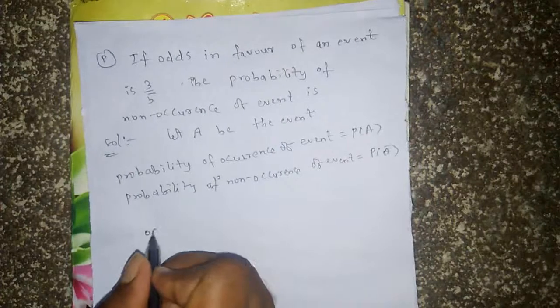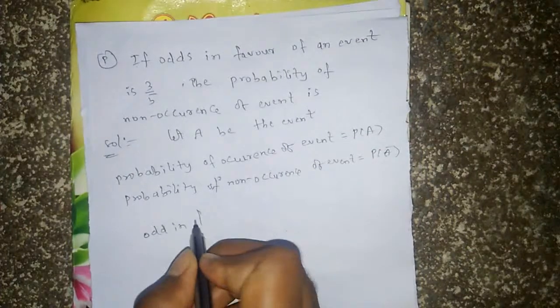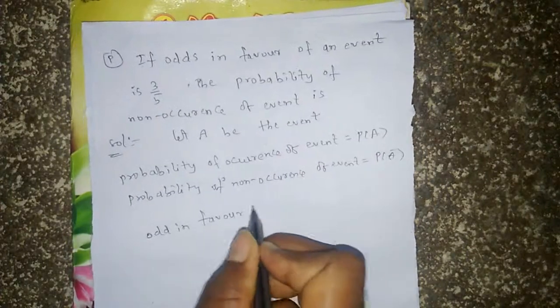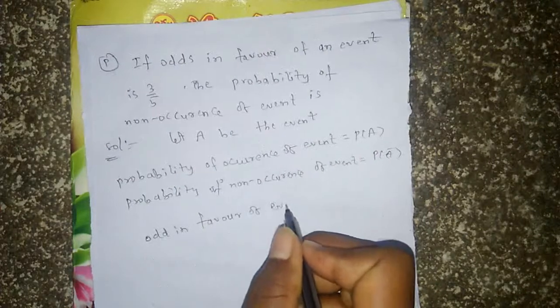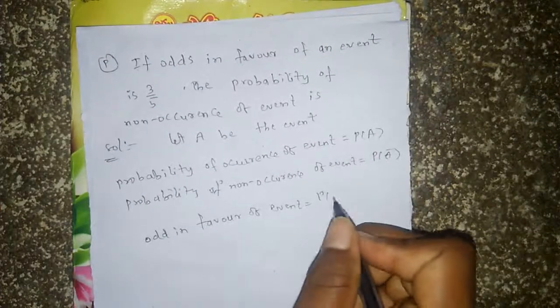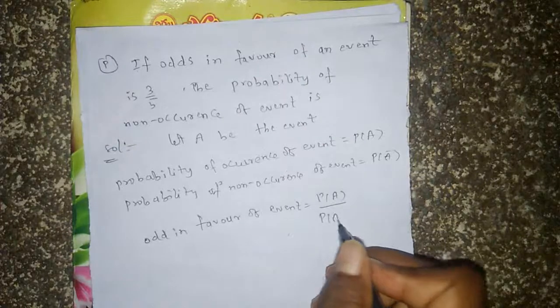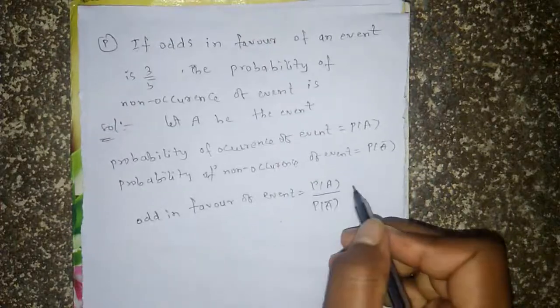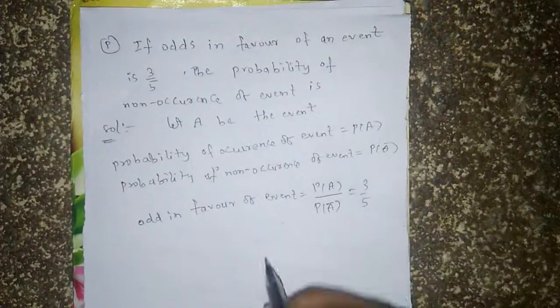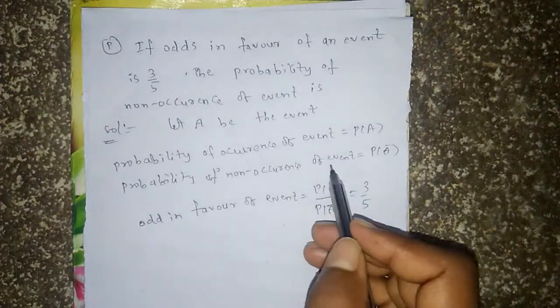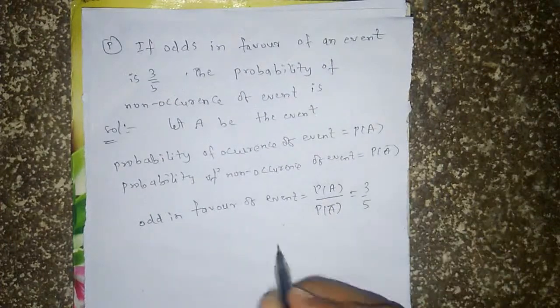Next, odds in favor of event is given by P of A by P of A bar, so that is given as 3 by 5. So we need probability of non-occurrence of the event, that is P of A bar.